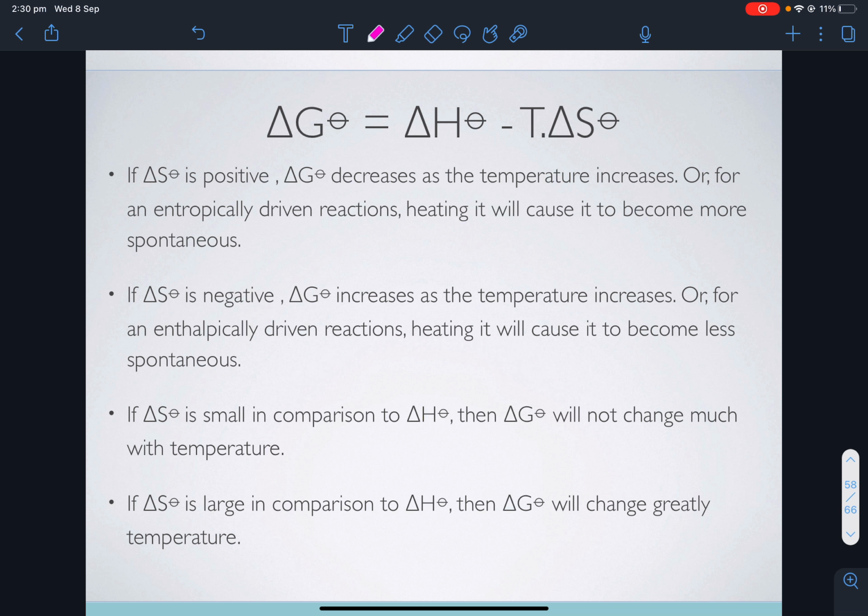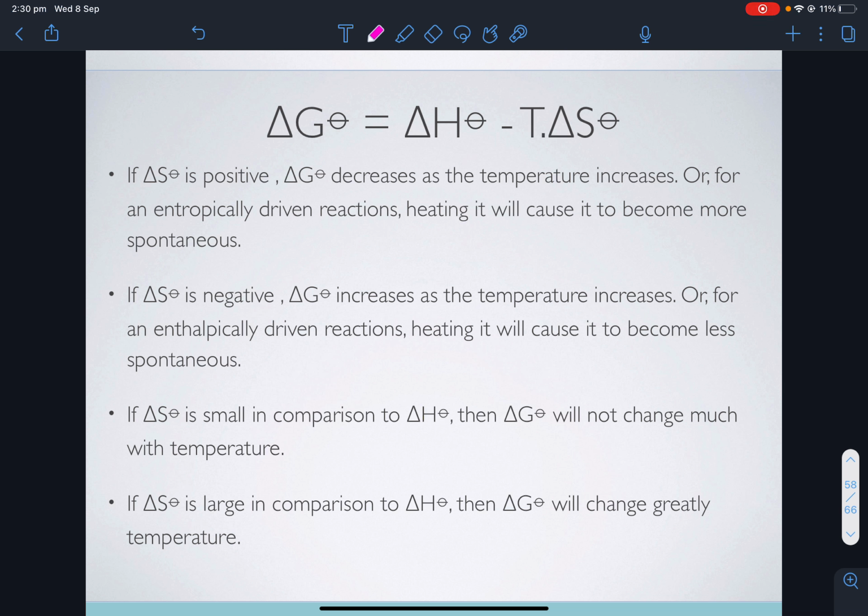Or for entropically driven reactions, heating it will cause it to become more spontaneous. Let's contrast that. If we're going against the entropic drive, or entropy is negative, Gibbs free energy increases as the temperature increases, or we want lower temperatures to be spontaneous. Okay.